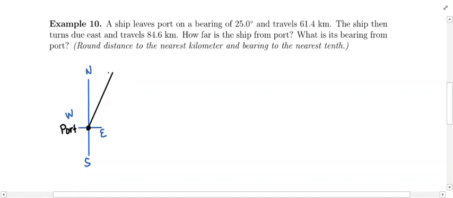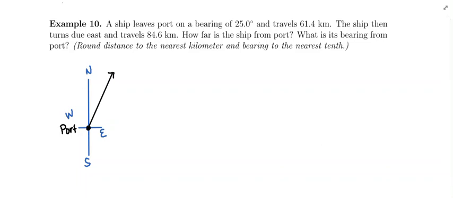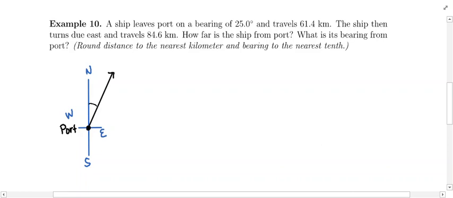If you wanted to make it a vector problem, you would put the arrow here, like the ship sailed from here to here, but it's not a requirement. This is a 25-degree angle. We do know the magnitude here: the ship sailed a distance of 61.4 kilometers, so that is the magnitude of this vector.